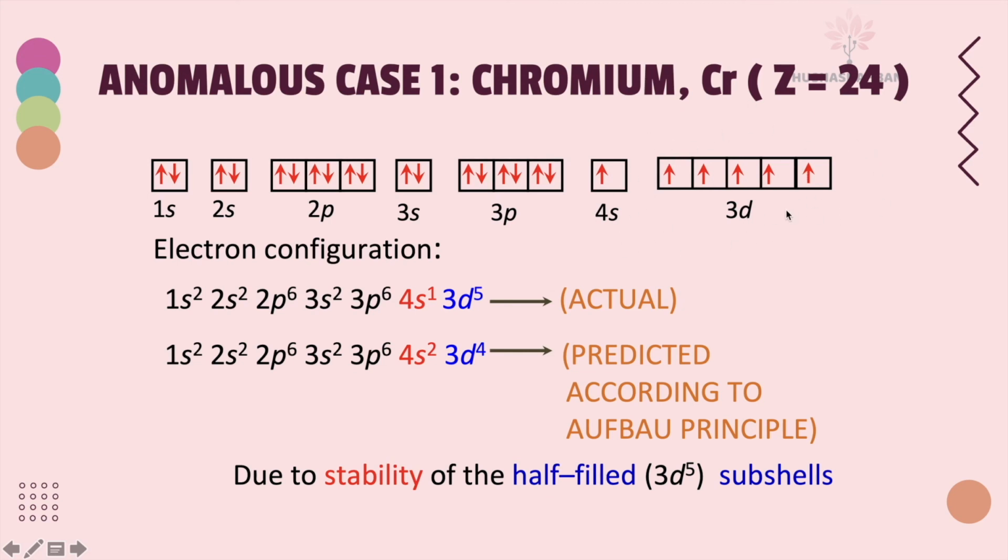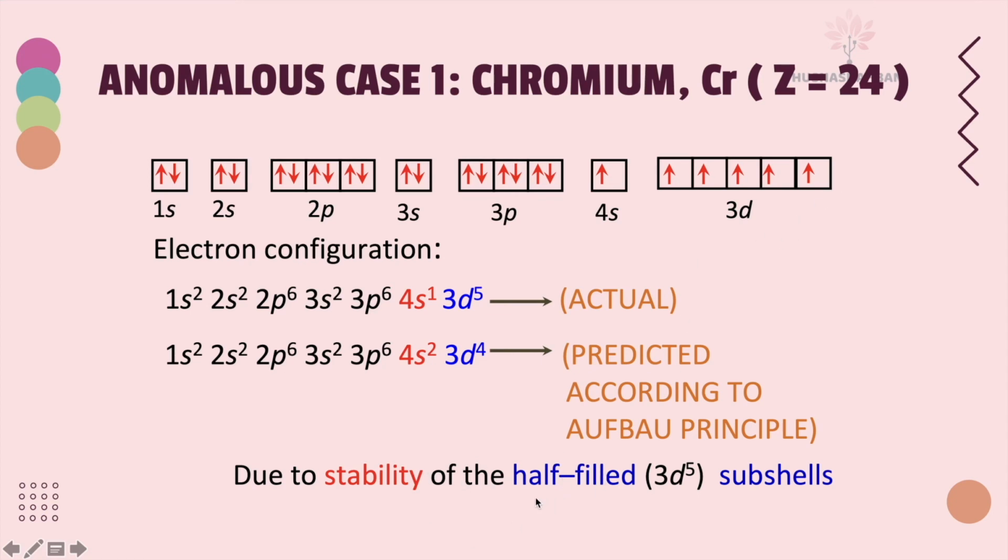If you have 2 electrons in 4s and 4 electrons in 3d, it is less stable. You must put 1 electron in 4s and 5 electrons in 3d to make it more stable.